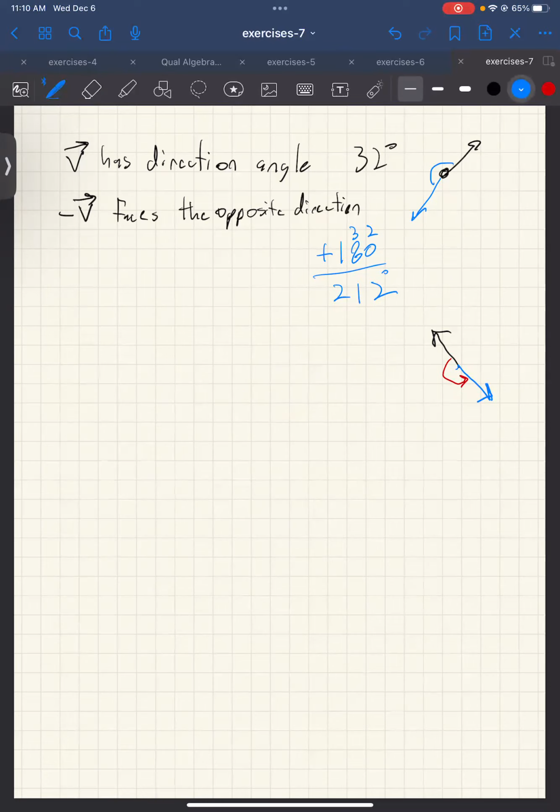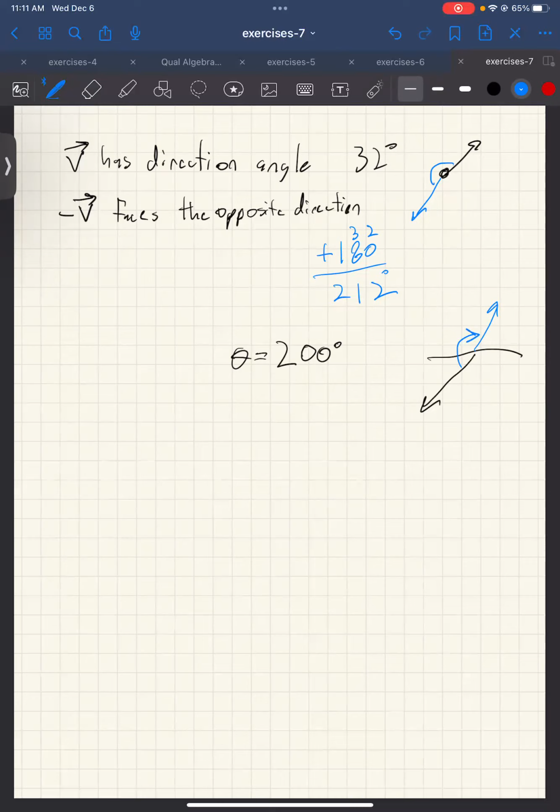But what if we had a direction angle that was bigger than 180? What if our direction angle was 200 degrees? Now, our vector would be in quadrant 3, and we'd want to get something back in quadrant 1.